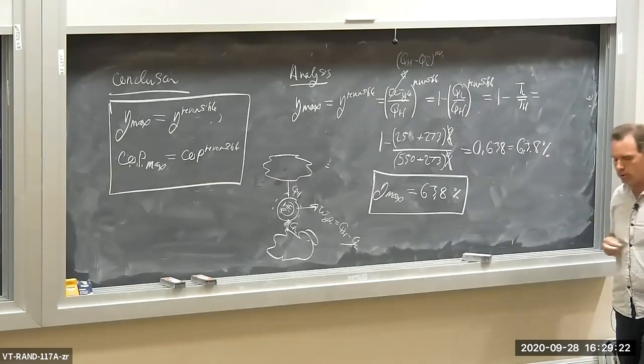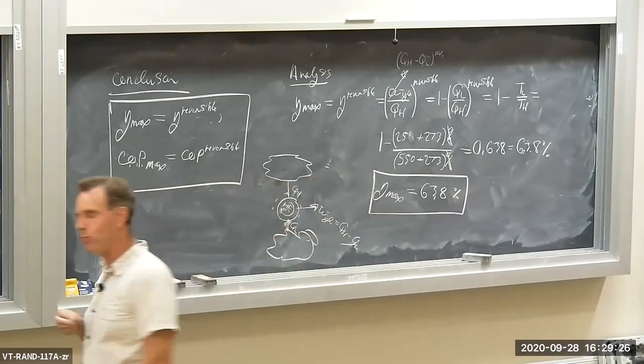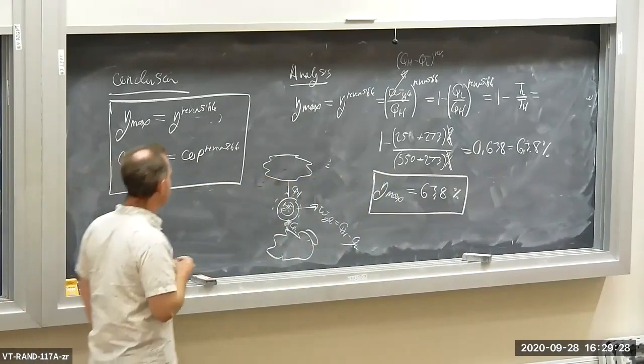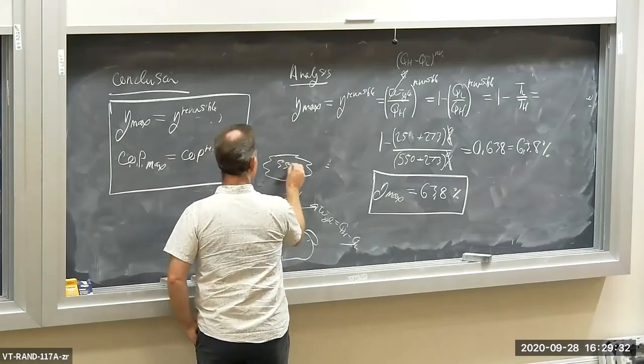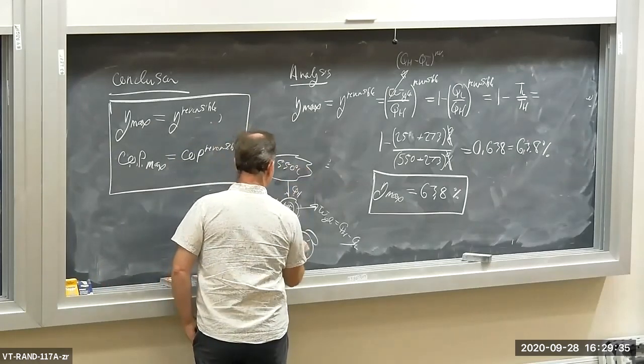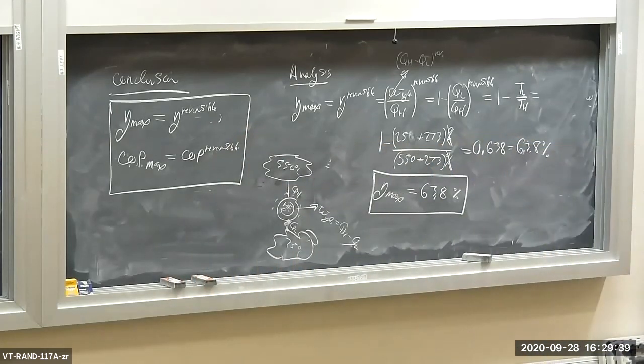Don't try to make a heat engine with greater efficiency than 63% operating between these two temperature limits, 550 and 25 degrees C, because it is not possible. Maximum efficiency, 63.8%.